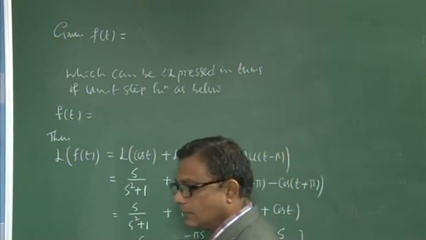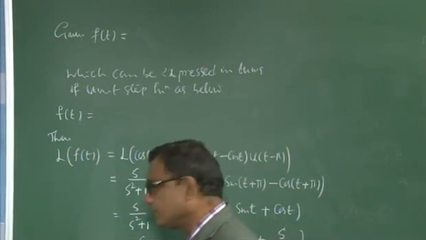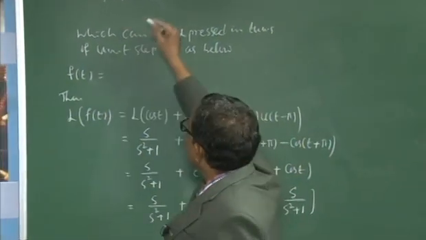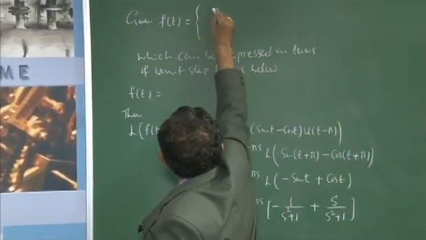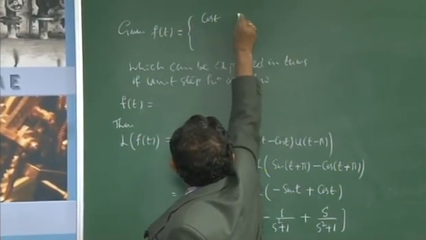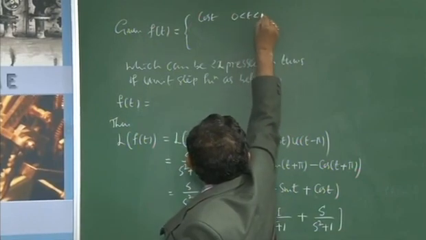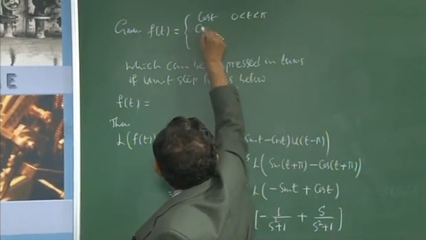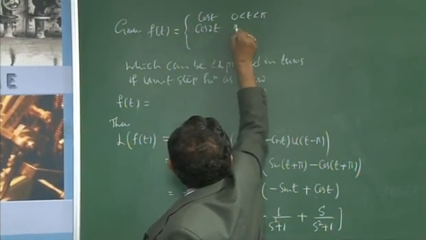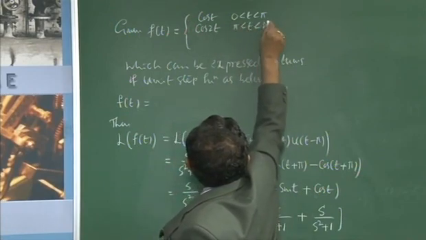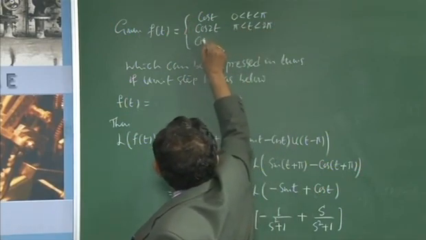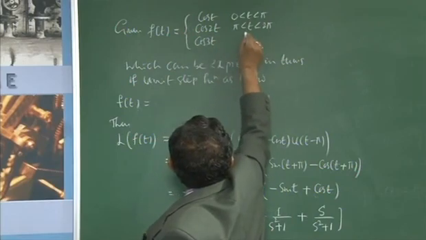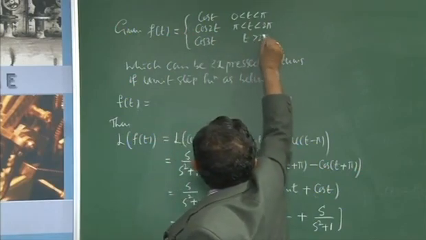What is your given function? It is cos t for 0 less than t less than pi, cos 2t for pi less than t less than 2 pi, cos 3t for t greater than 2 pi.